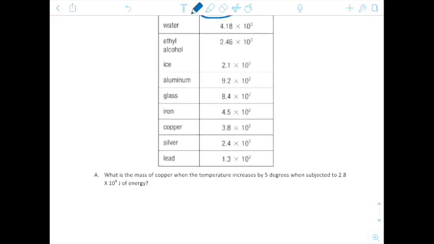And it says, what is the mass of copper when the temperature increases by 5 degrees when subjected to 2.8 times 10 to the 8th joules of energy? And so we're solving for mass using Q equals mc delta T. So we're solving for M. So what we will get is M equals Q all over C delta T.